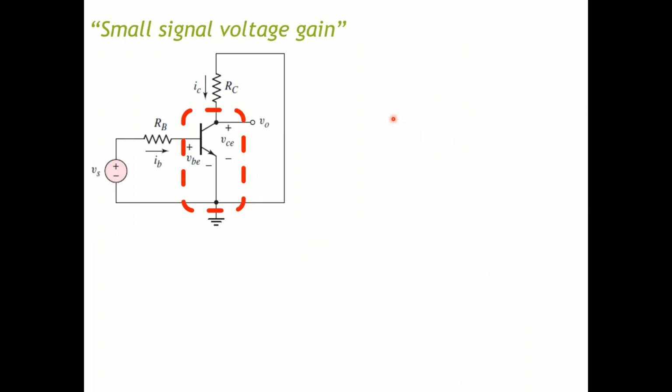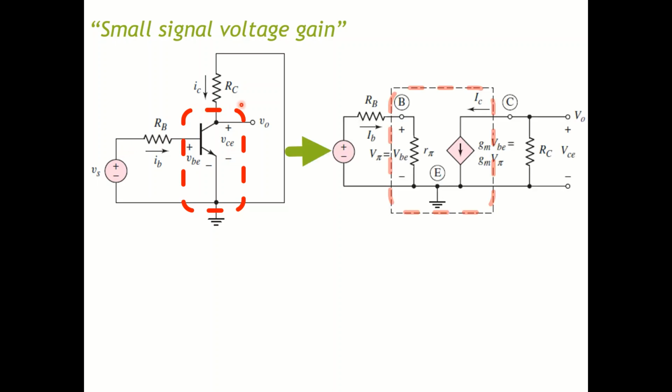So let's apply this new model to figure out our voltage gain for the amplifier. Remember this circuit here, which is the AC equivalent circuit of our BJT amplifier. You can replace the BJT portion with the hybrid pi model, then you have this circuit over here.